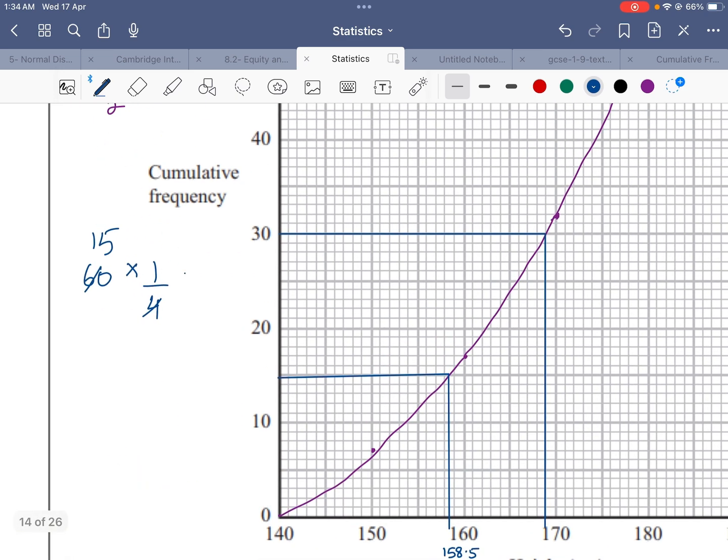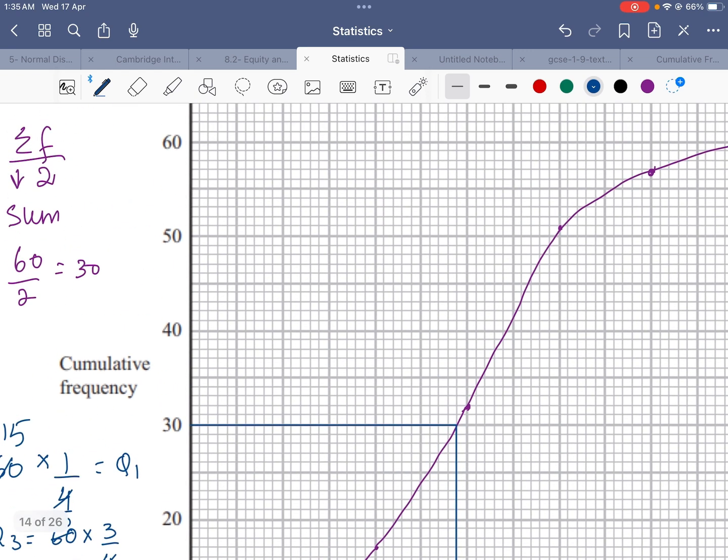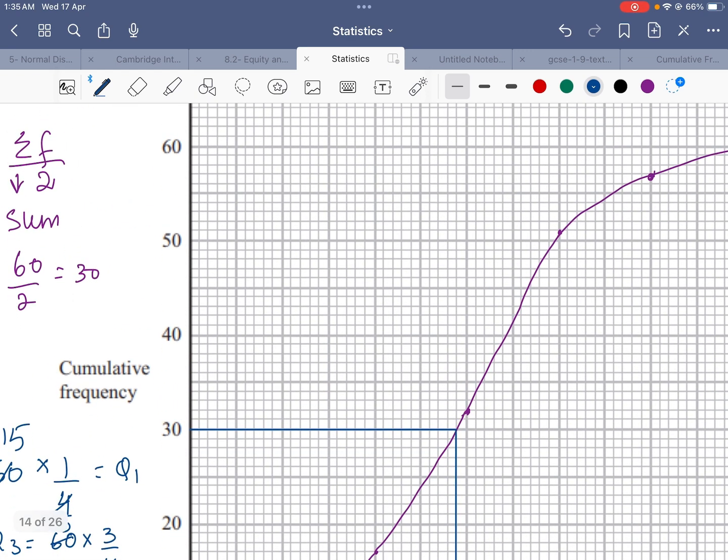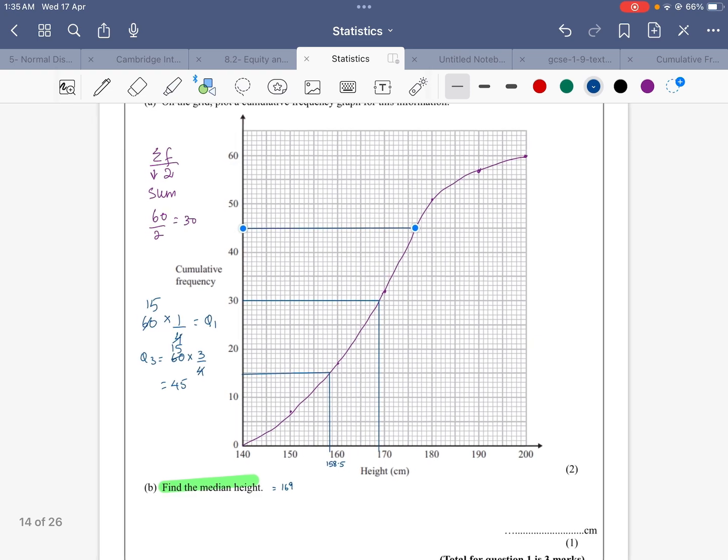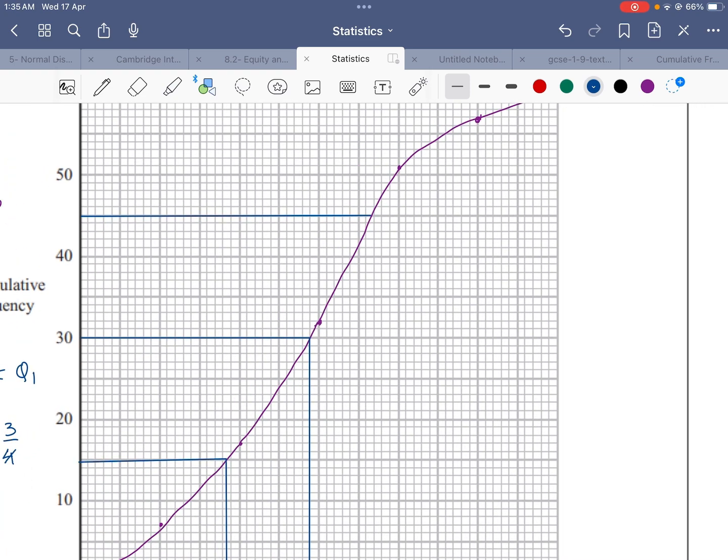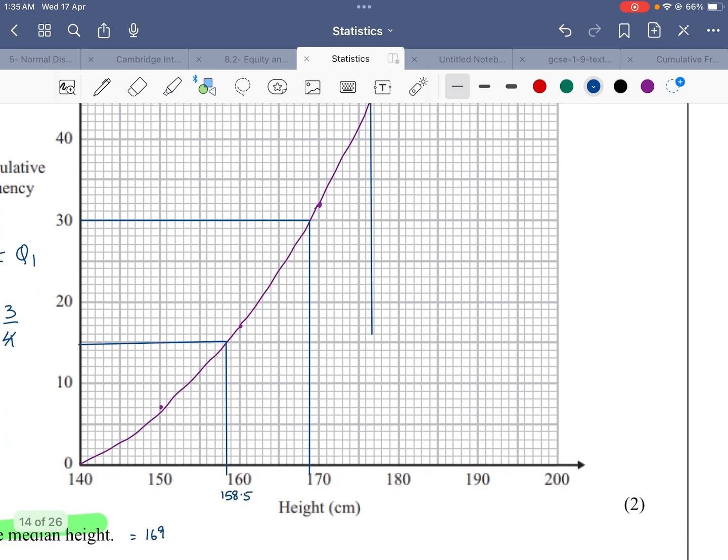And then you find Q3. Q3 is 75% of the data, which is 3 upon 4. So 15 threes are 45. You look at 45, you draw a line here at 45 and see the corresponding height, which is plotted here on the x-axis.